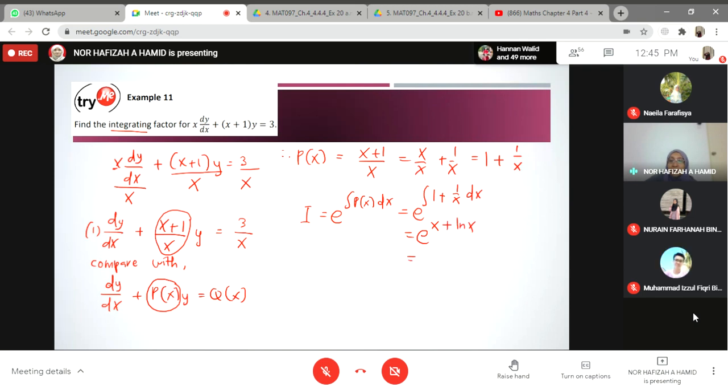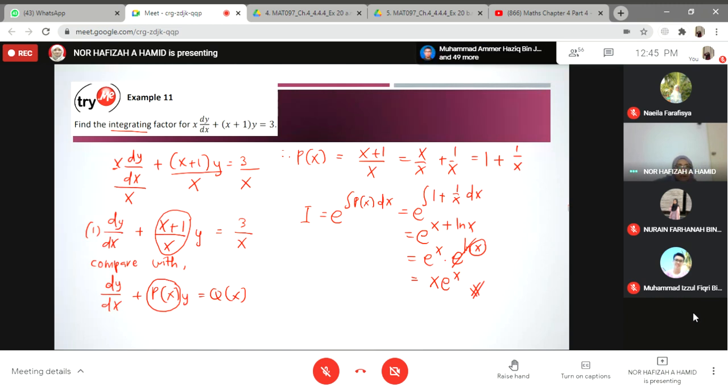We can simplify this using the rules for indices: you have e^x times e^ln x. The e and ln cancel, so you get x times e^x. So this is your integrating factor. This is for example 11.